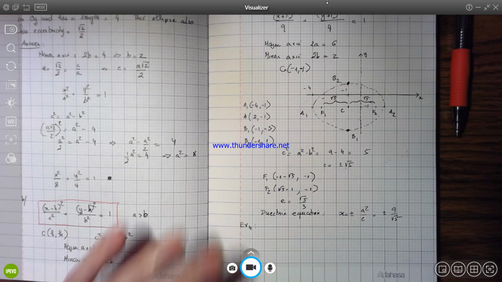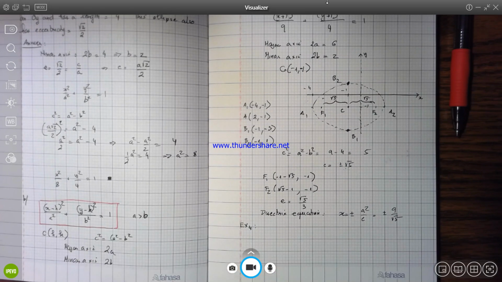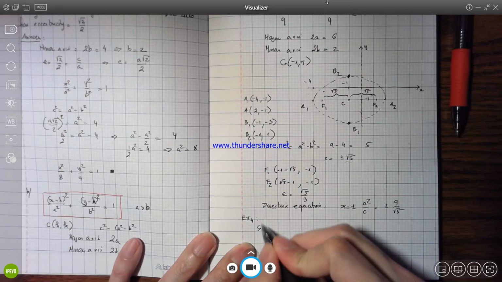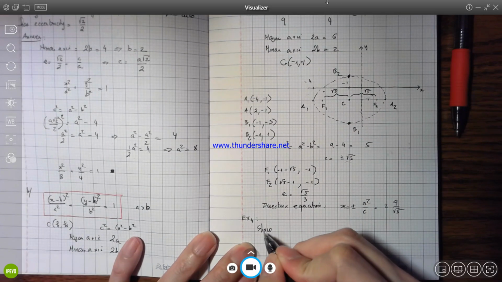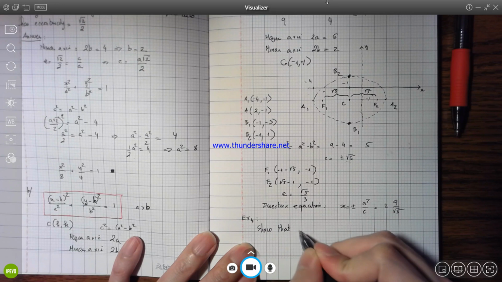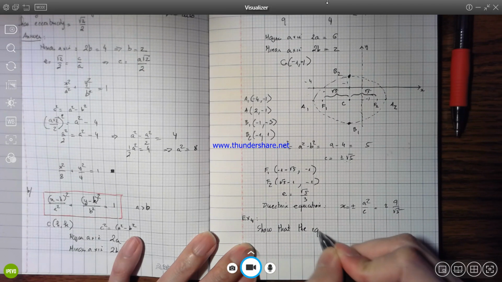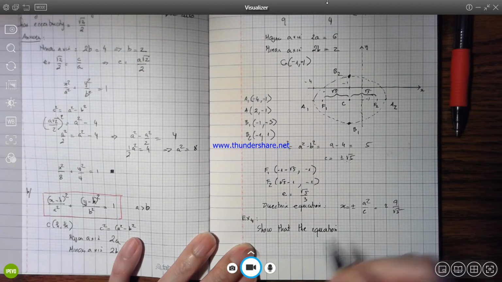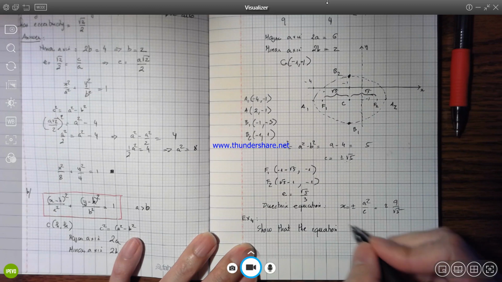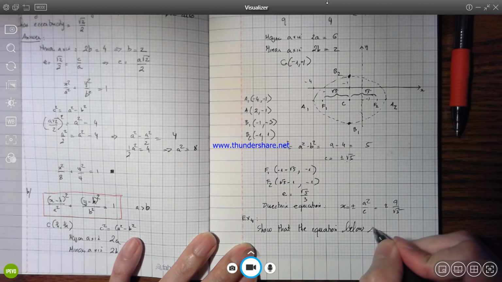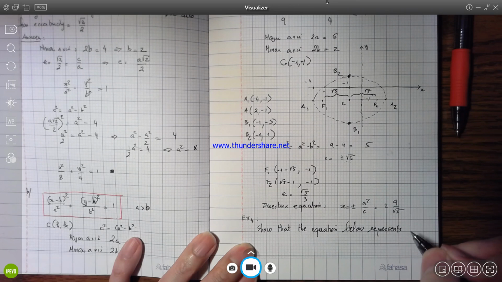The question is: show that the equation below represents an ellipse.